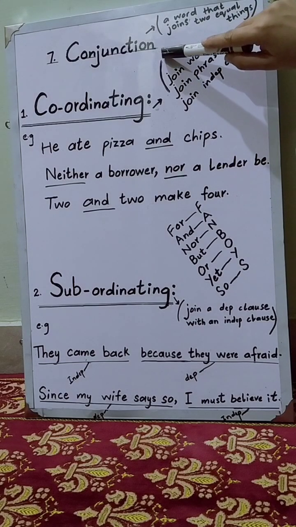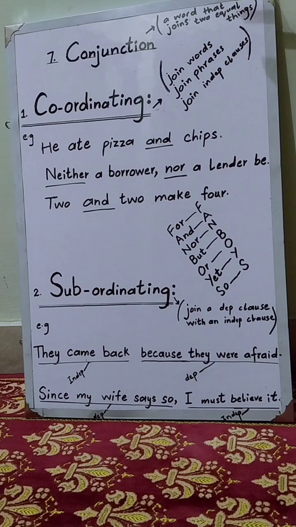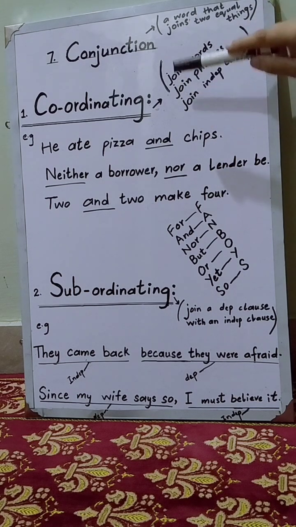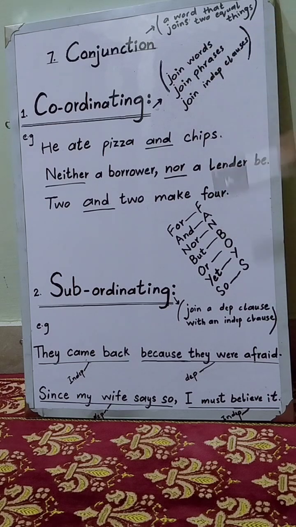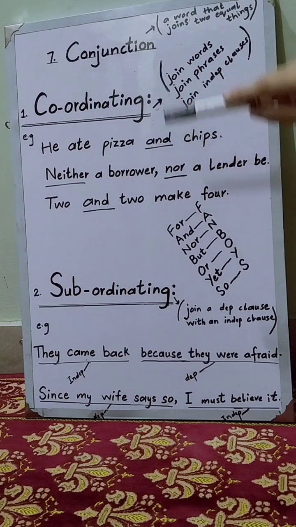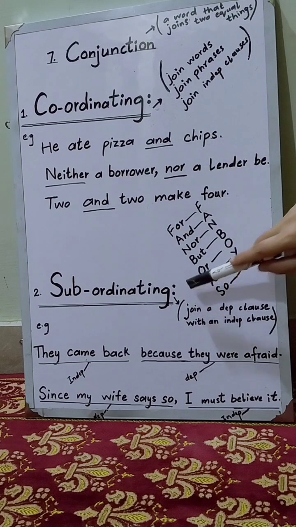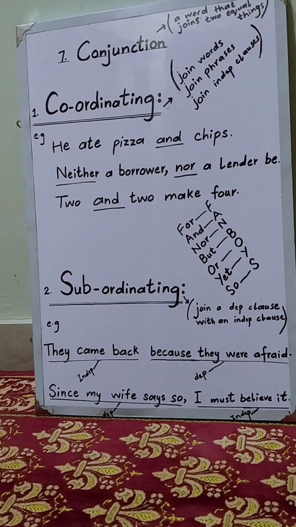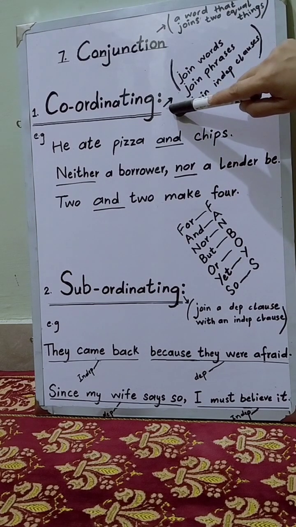Conjunction. A conjunction is a word that joins two equal things together. It can join two nouns or two verbs, but it cannot join a noun to a verb. Conjunctions are subdivided into two main classes: coordinating conjunctions and subordinating conjunctions.